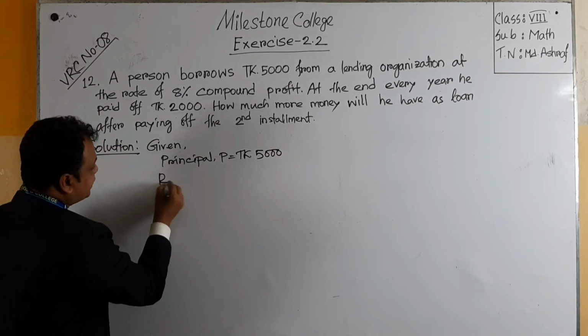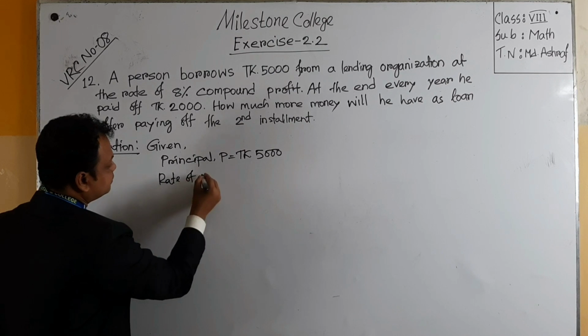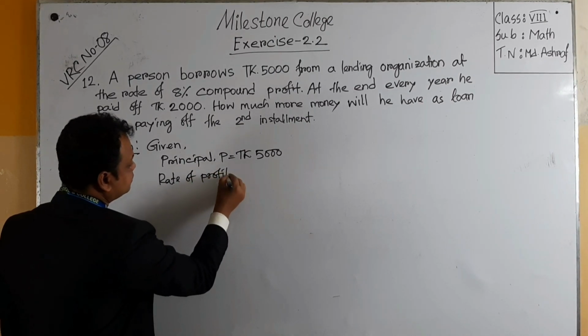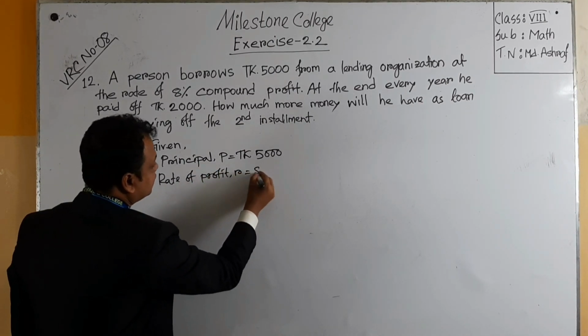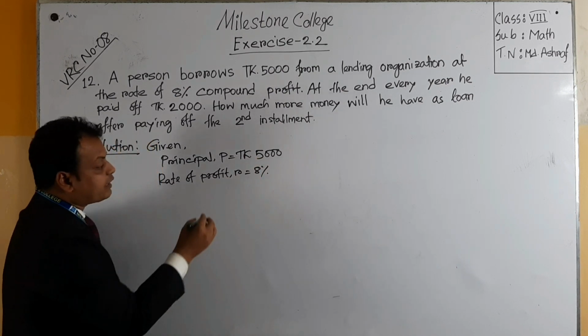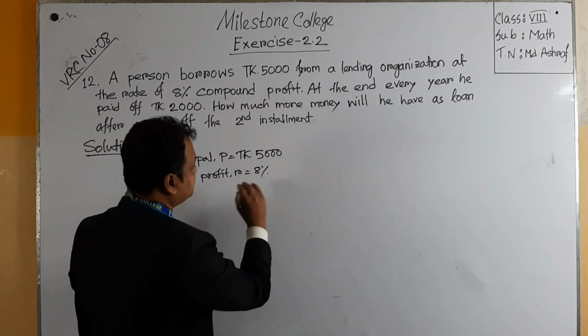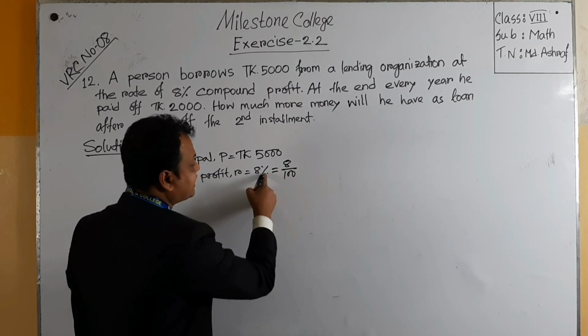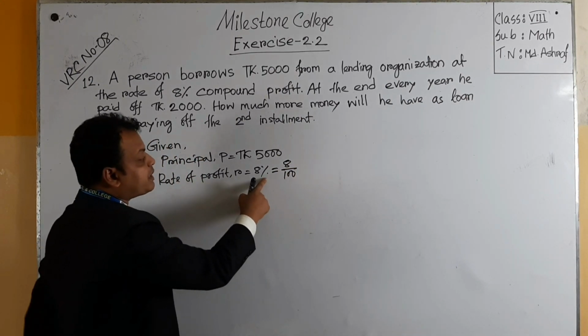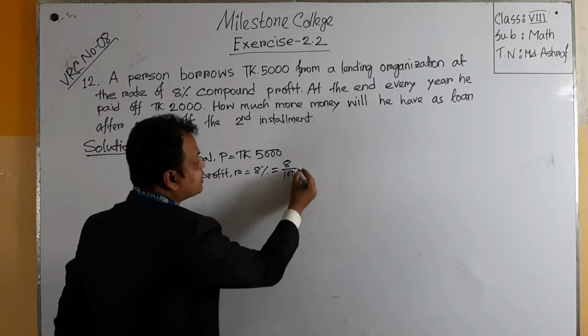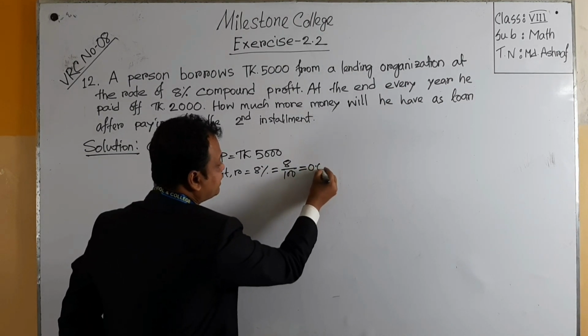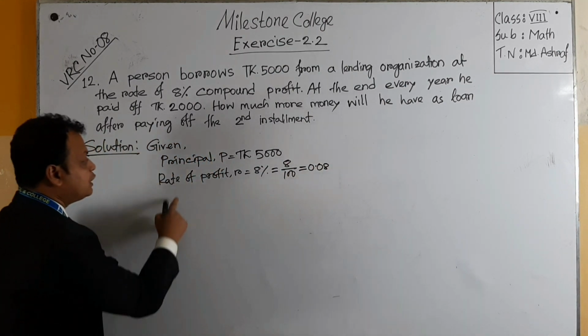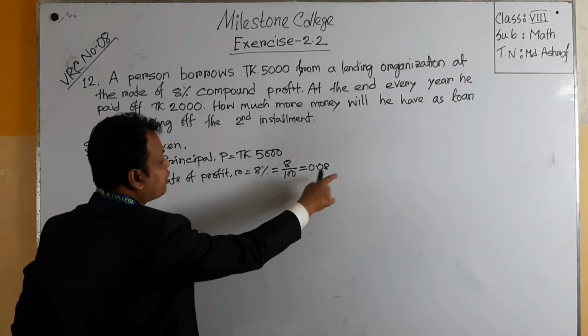Then rate of profit, R equals 8%. We can convert this 8% into 8 divided by 100, that means 8 by 100. This one will be equal to 0.08. So the rate of profit will be 0.08.